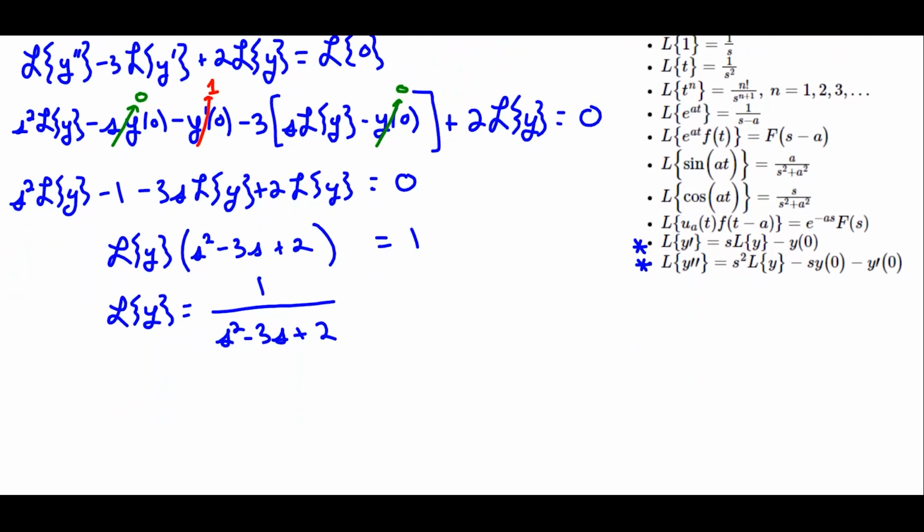Right, so what we want to do is to take the inverse Laplace transform of both sides, and that'll give us y, and that'll be the solution to the differential equation. If what's in the denominator on the right side will factor, then you're going to factor it, split it apart and use partial fractions. So this one does factor.